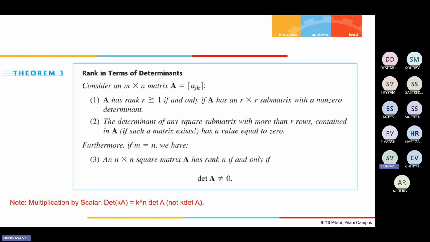All these properties will be of great use to you to answer your quizzes. So determinant of kA is k power n determinant A, but not just k into determinant A. k into determinant A is possible only when k multiplies any one row or column. Hope you will be able to understand. If you want, I can give an illustration towards the end if time permits. Okay, we have to go forward.